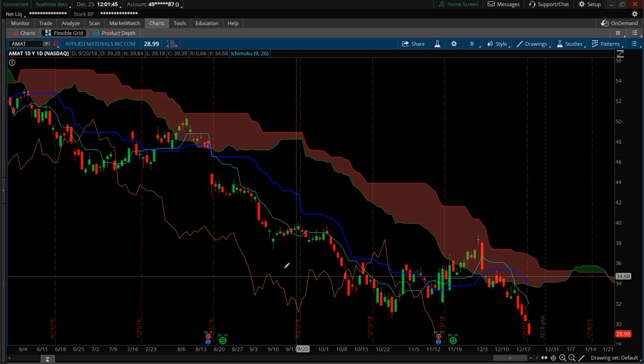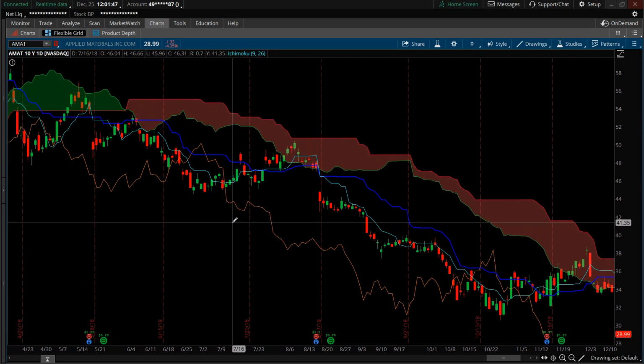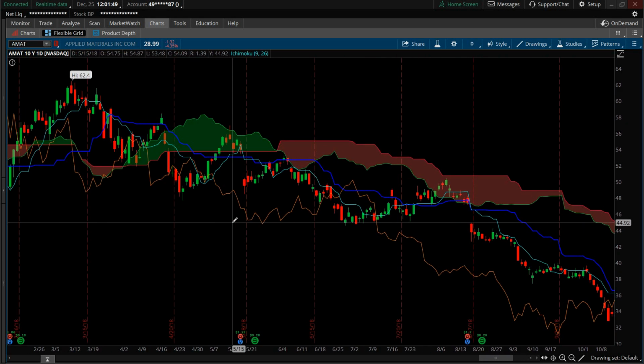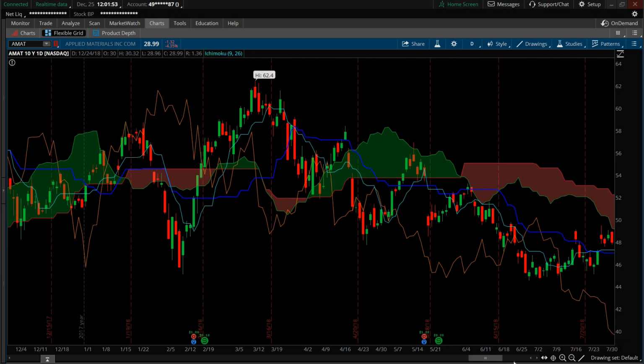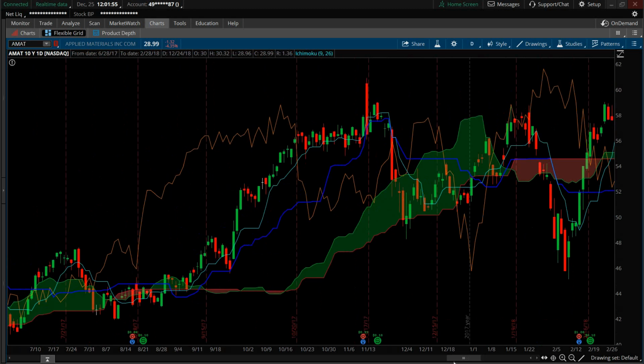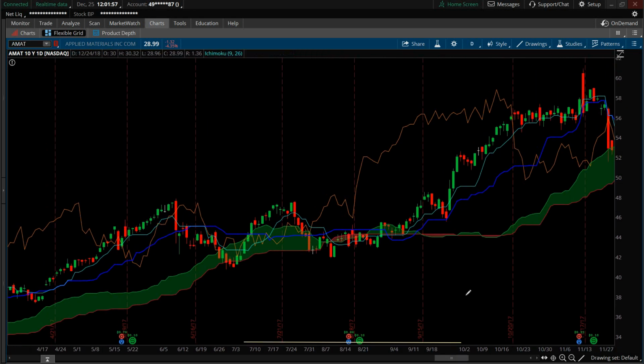Since the market likes to repeat itself, when you see, for example, where was I here? I had it marked. Oh, all right, here. So for example, you have a stock that's ranging in here, and it's inside this cloud, and it's breaking out and all this stuff, and it's coming right back.